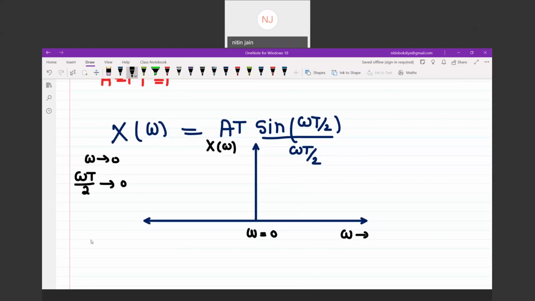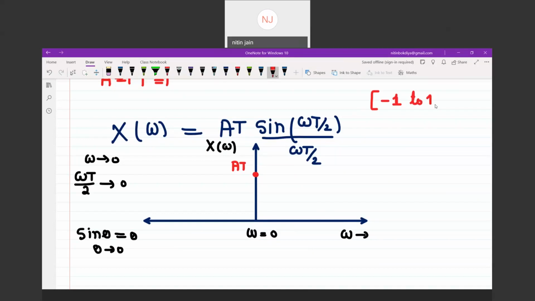So when theta is approaching 0, sine theta is equivalent to theta. So theta is omega T by 2, omega T by 2 cancel. So what is the highest value of this function? It's A into T.